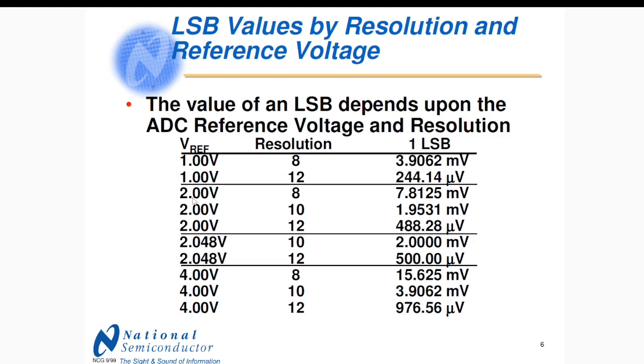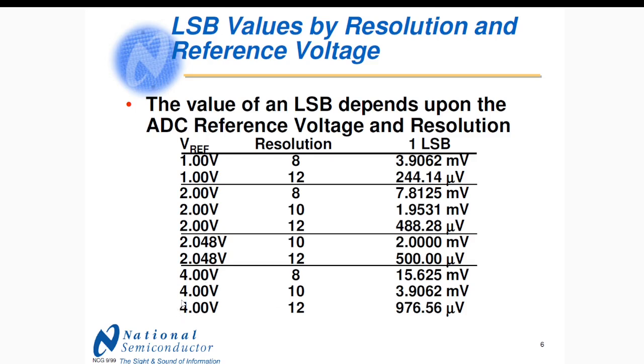If the reference voltage is, in this case, 2 volts and your resolution is 12 bits, then if you divide 2 by 2 to the power 12, you will find 488.28 microvolts as the 1-bit resolution of the conversion, and so on and so forth.